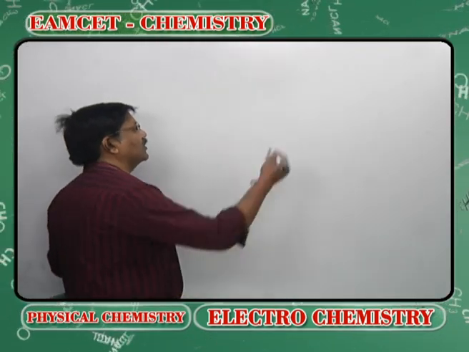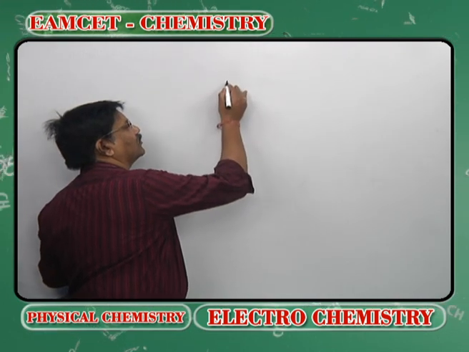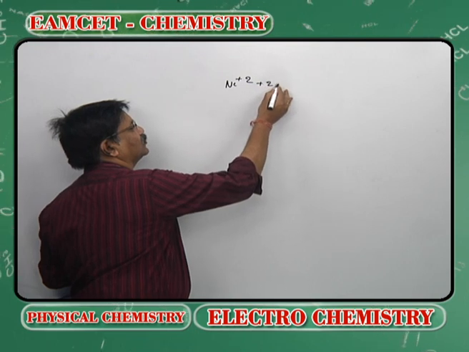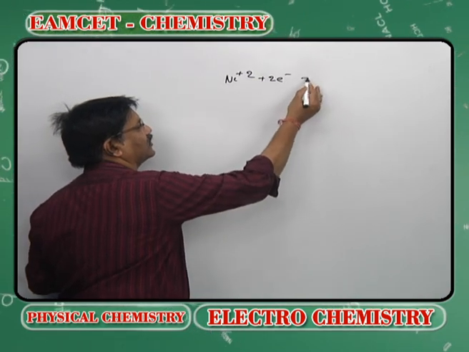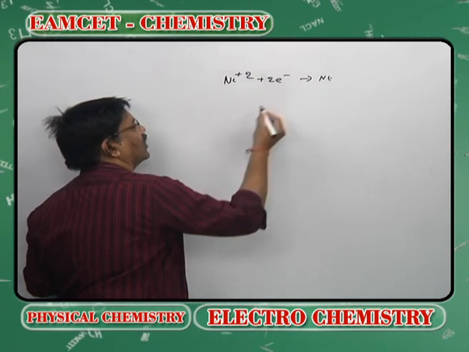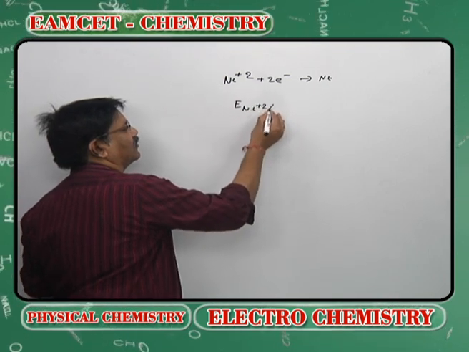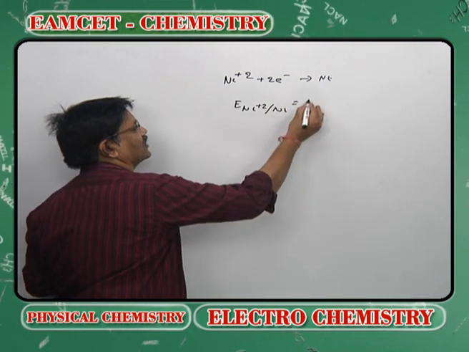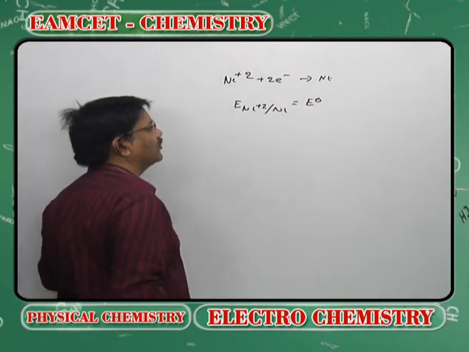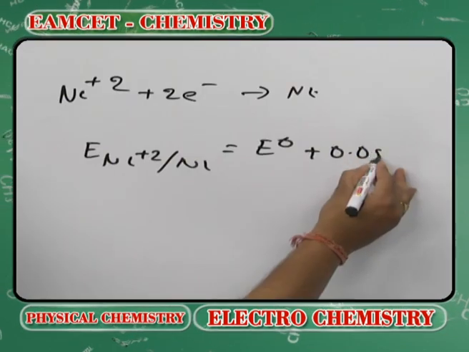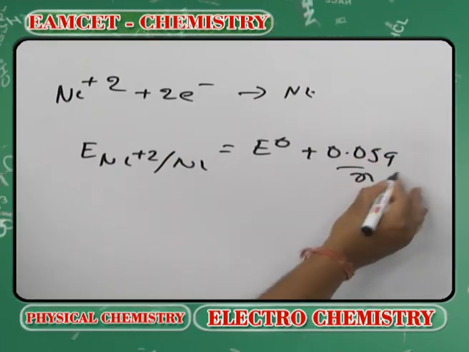For the nickel electrode, the reaction can be written as Ni2+ plus 2 electrons giving rise to Ni, and the potential of the nickel rod will be E naught plus 0.059 by n log C.